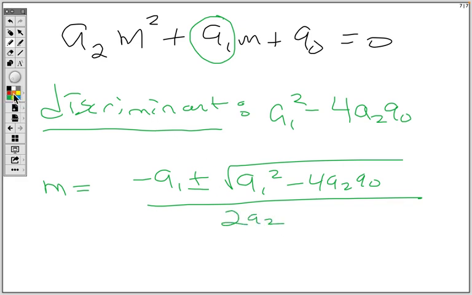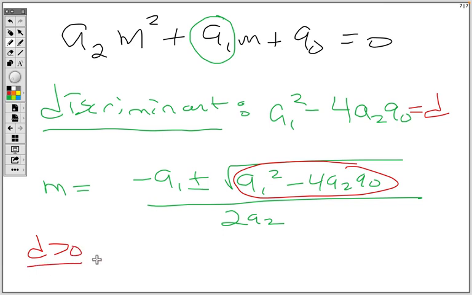And so what we have under here, we'll call that D. So if D is bigger than 0, if the discriminant is bigger than 0, then we get 2 unequal real solutions, because we got a real number plus or minus another real number, non-zero real number.